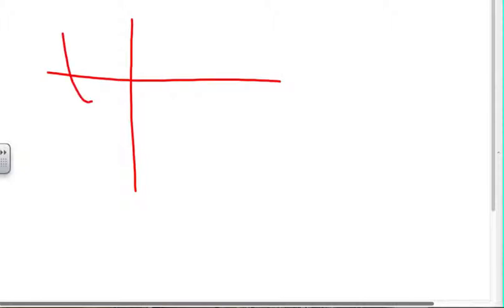Now, they might actually come in and give you a graph of this thing. So how are you going to do this? We want to find a polynomial on this. And they're going to tell you you want here a degree equals 4.